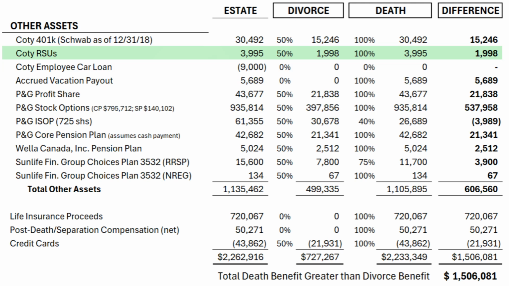And so 50% would be received in a divorce situation, 100% is received upon death. For, again, a difference between the divorce versus death of $1,998, approximately $2,000, right? Correct. A $2,000 benefit by Fabio dying.